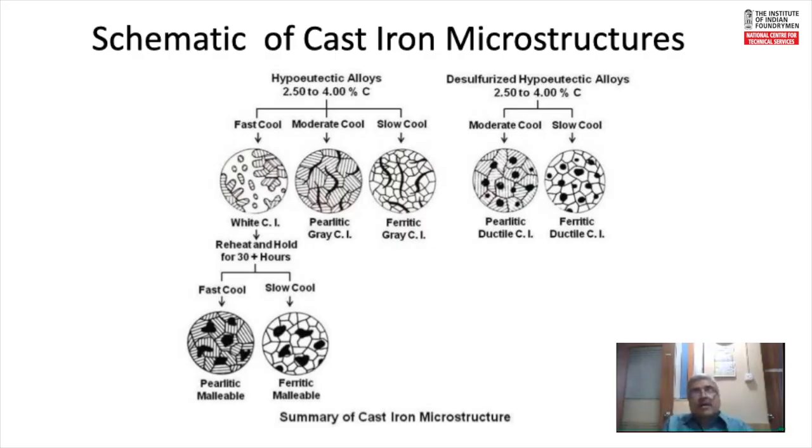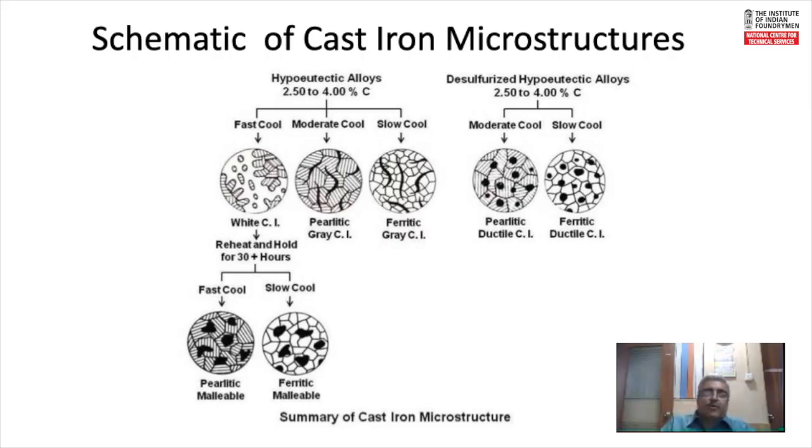If the cooling is happening at a moderate rate, then carbon will come out, and as you are moving towards higher carbon levels compared to the lower side, some amount of graphite will come out of the solution as flakes, as you can see, and what you see in the background, or the matrix as we call it, is pearlite, which is alternate lamellae of ferrite and cementite.